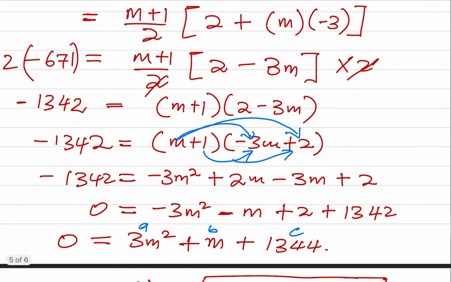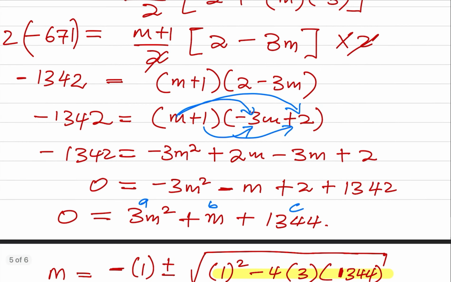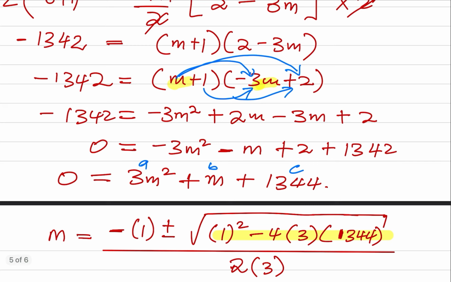From here, times by 2, we have 1342. Then we have m plus 1, then 2 minus 3m. So this times this times this guy is negative 3m squared. That times that we have 2m. Then this times this is minus 3m. Then that times that is just plus 2. So we have minus 3m squared.